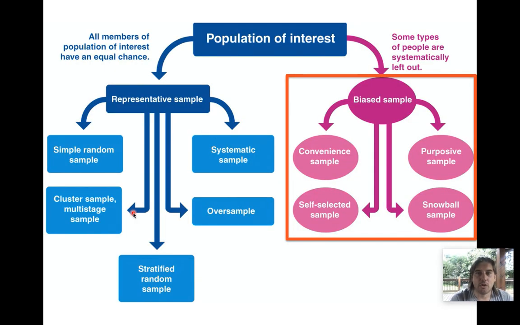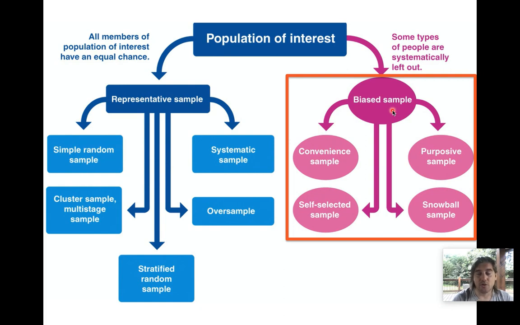Okay, so there are broadly two classes of sampling techniques. We can think of one class of sampling techniques as being biased or unrepresentative of the population. These are not going to include randomness or probability.